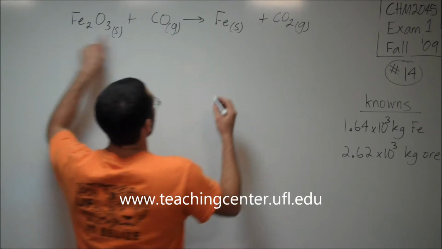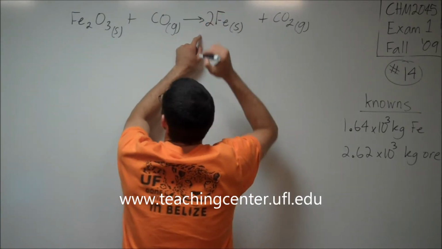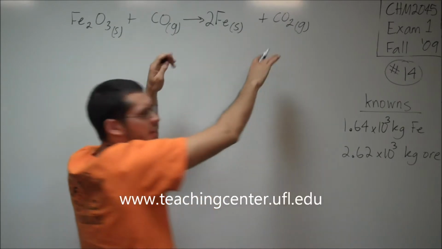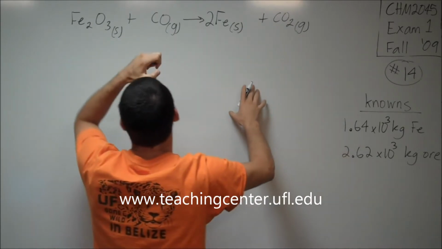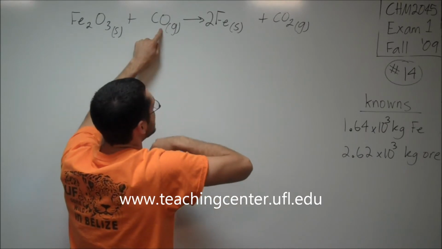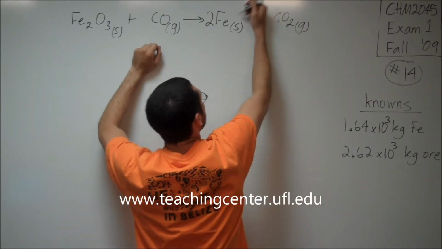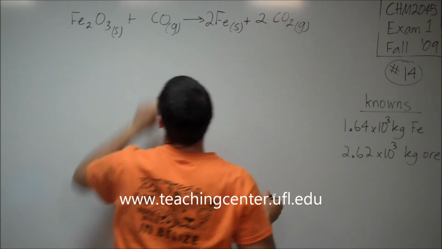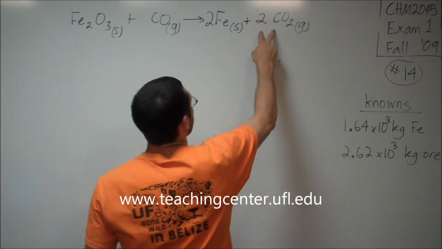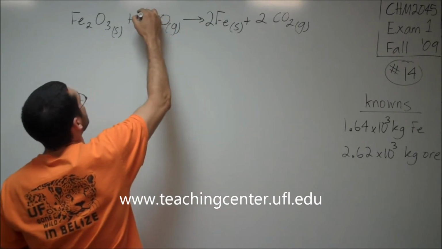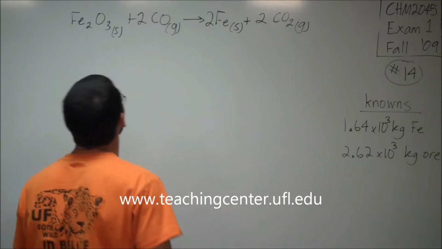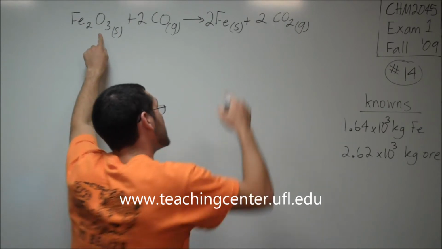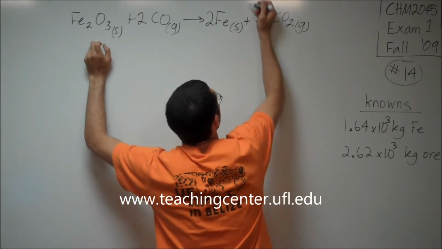I see that two irons, I need two irons here. I have one carbon, one carbon. Always save your oxygens for last, because they're always tricky. I have four oxygens here, I have two there, so I need a total of four oxygens now. Oxygens are good, but now I have two carbons, so I need two carbons there. Now I have five O's, so I need at least five O's here.